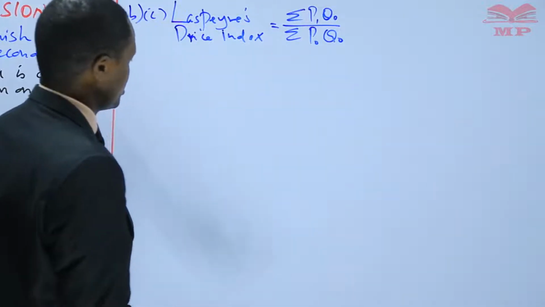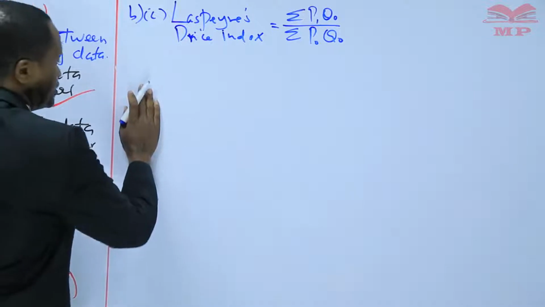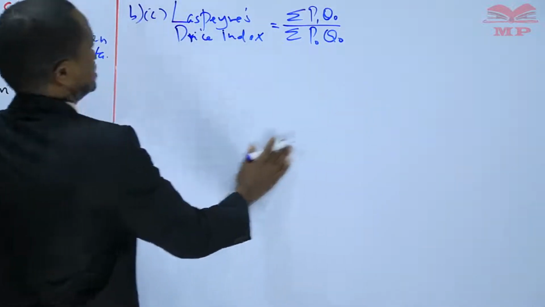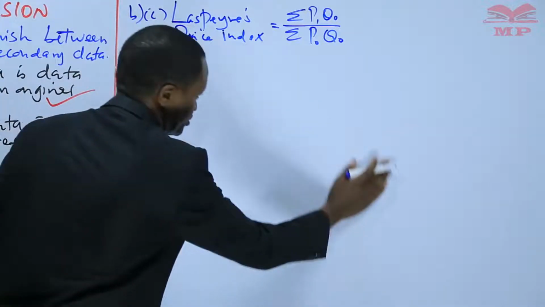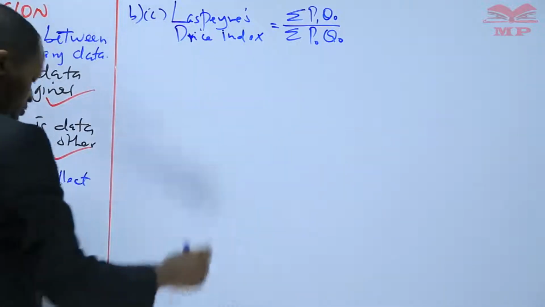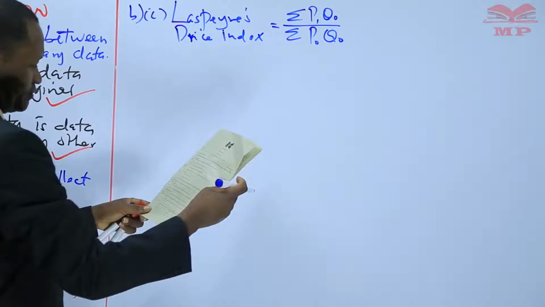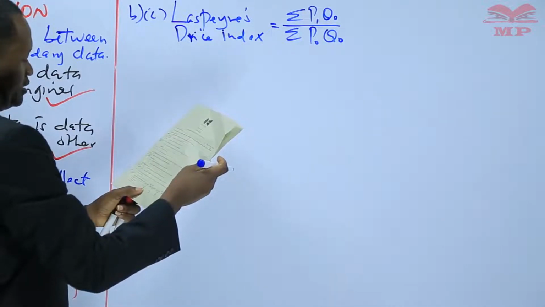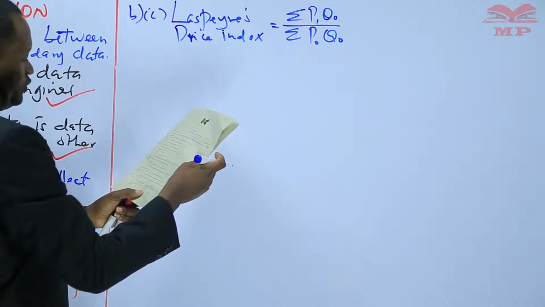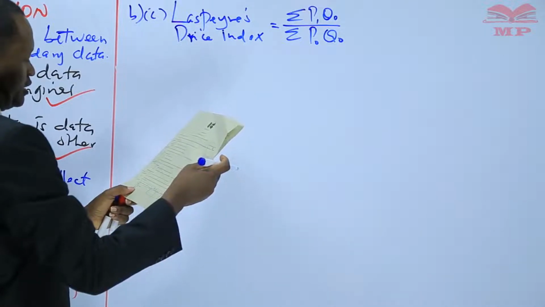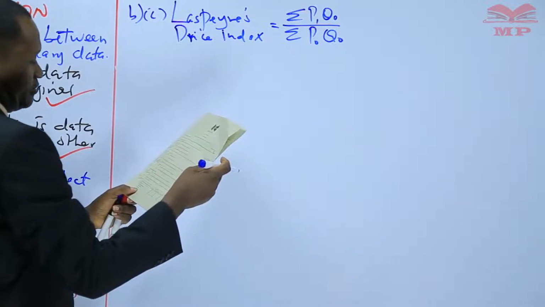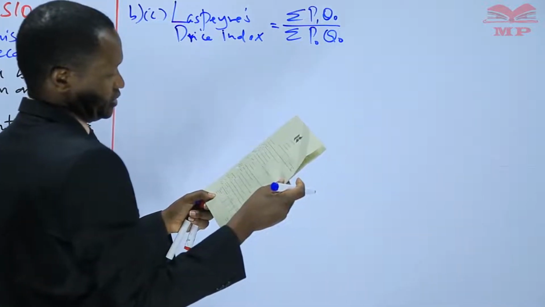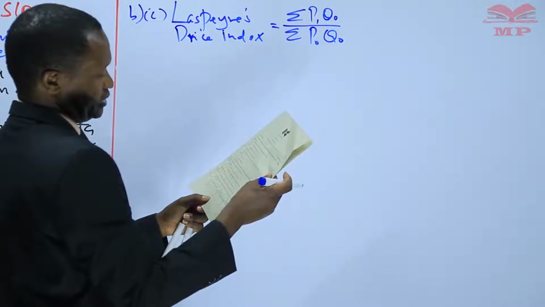So candidates, I'm going to have a table here to help me determine the weights, then the summation. From this data, I have tiles, roofing sheets, steel bars, and timber. You can see 2017 and 2018.